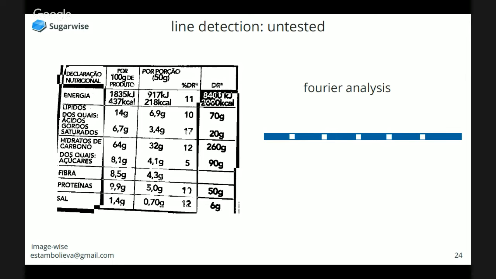So he said, okay, you have this line, and what happens if instead of working with this matrix, you just flatten it? So instead of a matrix, you have one big vector of values. In this case, this line should be represented by some pings in your data, like this.